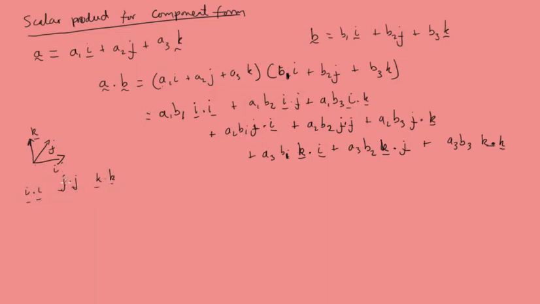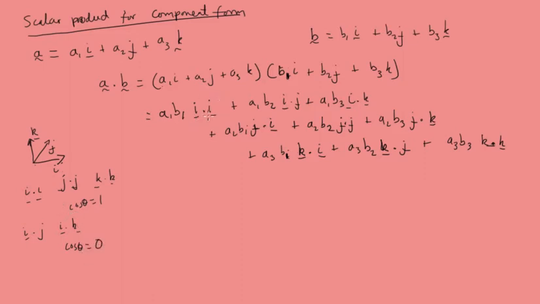So theta equals 0, therefore cos theta equals 1. So these are all going to equal 1. However, any other combination, so i dot j, i dot k, and so on and so forth, cos theta is going to be 0 because theta is 90 degrees.